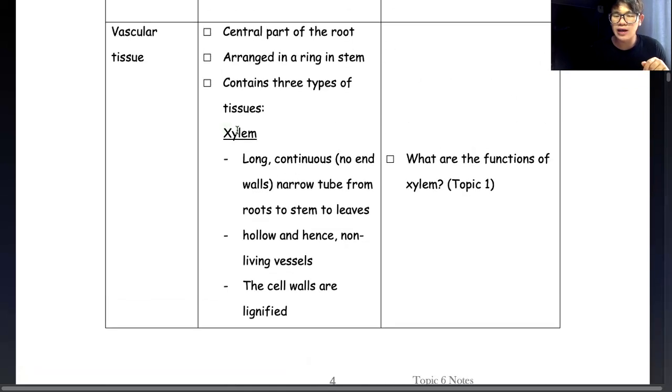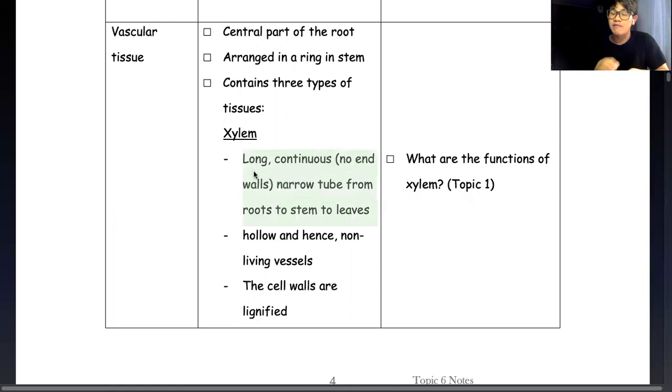Xylem, okay, if you don't remember, again, you go back to your topic 1, specialized tissues. Okay, we've discussed xylem before, and this one should be just a quick recap. So what is xylem? They are long, continuous, no end walls, narrow tubes formed from roots to stem to leaves.